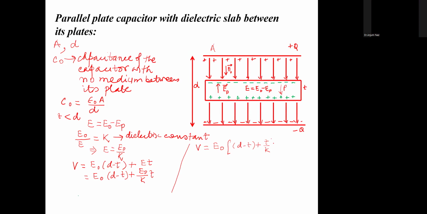Here E naught is sigma upon epsilon naught by K, and sigma is Q by A, so V is Q by A epsilon naught times (d minus t plus t by K).